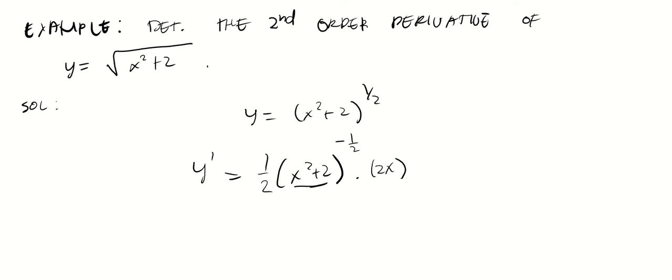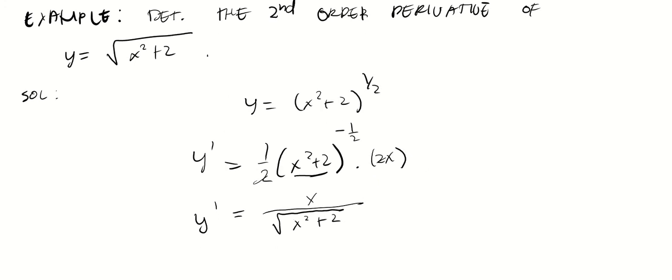Then if we simplify this, y prime will be equal to, we can cancel out 2 here, x. Then I will bring down that negative exponent to make it positive. And it's 1 half, so it should be a square root. So that's x over the square root of x squared plus 2. So this will be the first order derivative, y prime.